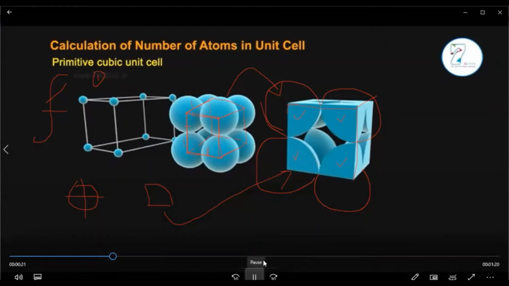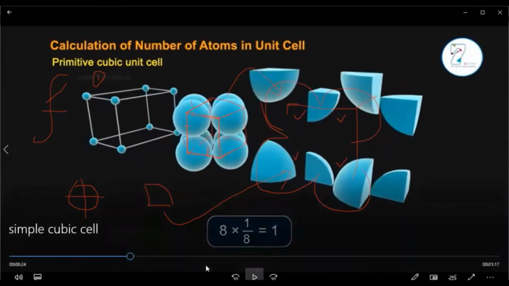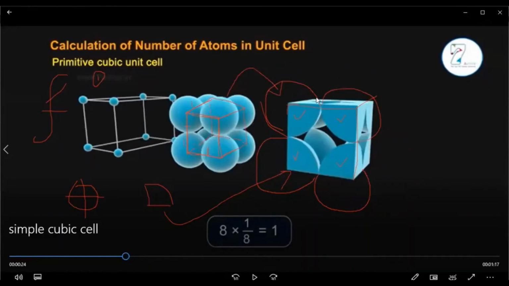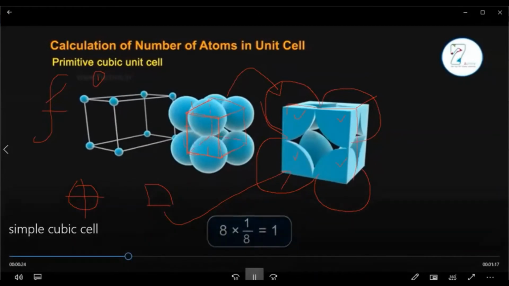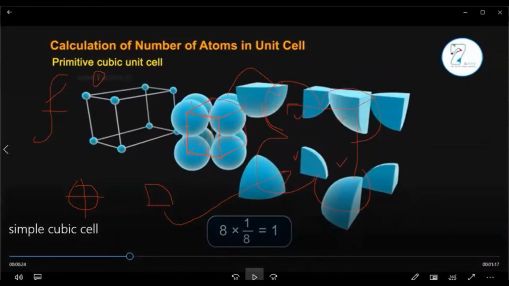So when you see this, you see here 1, 2, 3, 4, 5, 6, 7, 8 pieces of 1 by 8. The pieces which are already aligned like this are now taken in.